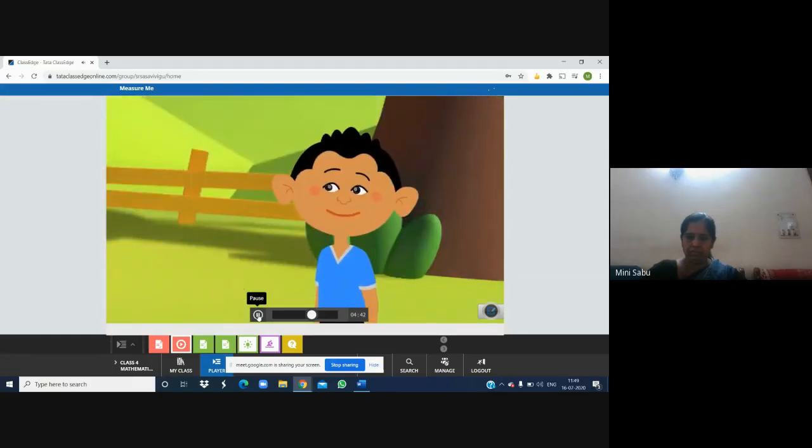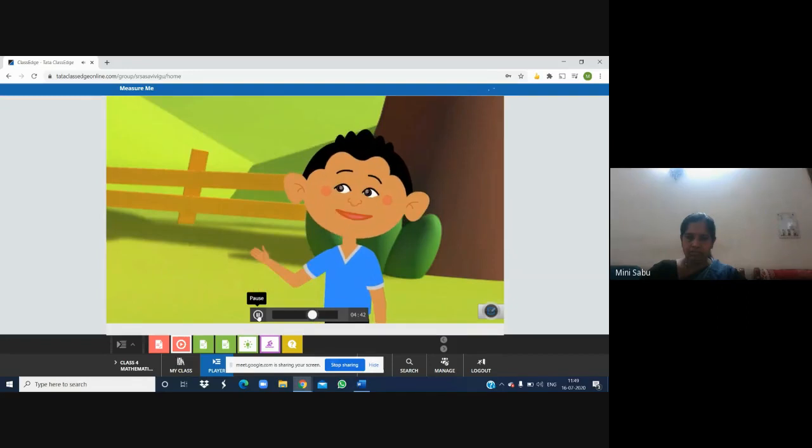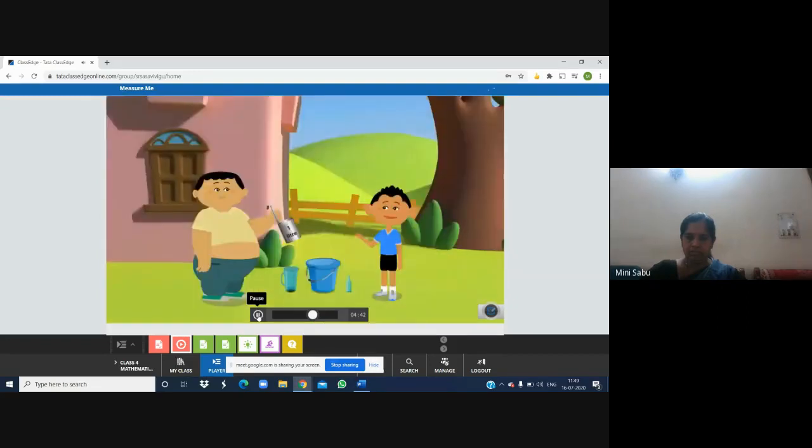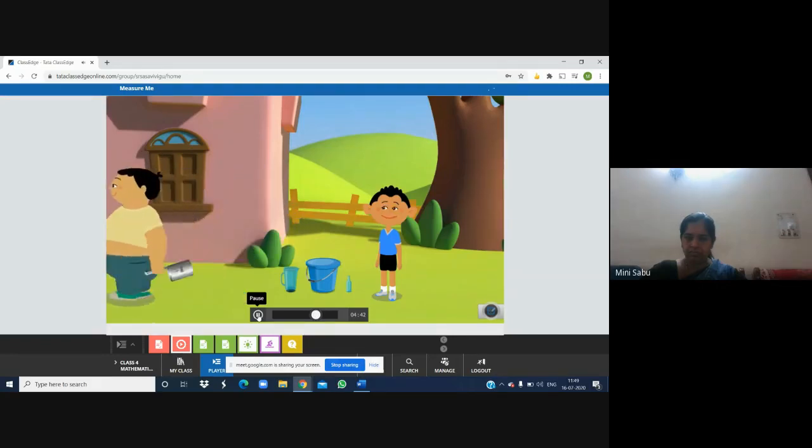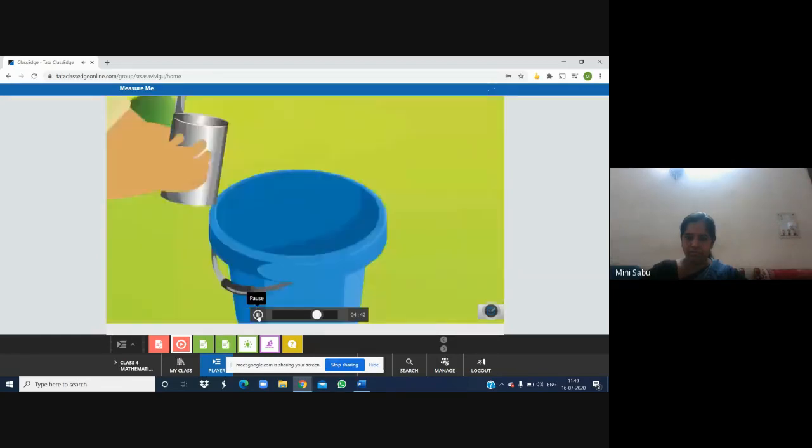Hey, the milkman who comes home to give milk every morning has the same container. That's right, Pasha. He uses it to measure 1 liter of milk. Now, let's use this container and measure the capacity of our bucket. Okay, Jiggy.